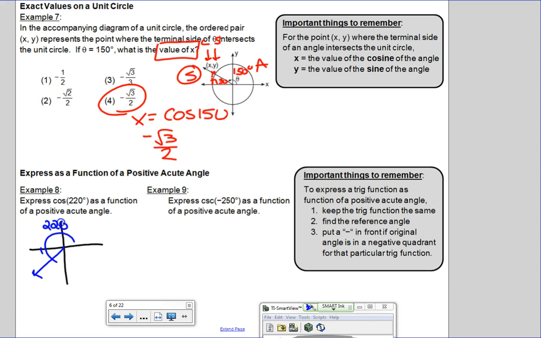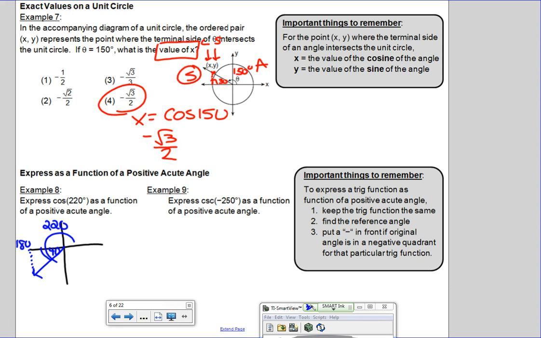So I need to know that spot. If this is 180 and that's 220, we went past it by 40 degrees. So we don't have a 40 degree in our special right triangle chart. We only have 30, 45, and 60. So they're not going to ask you for an exact value of this.